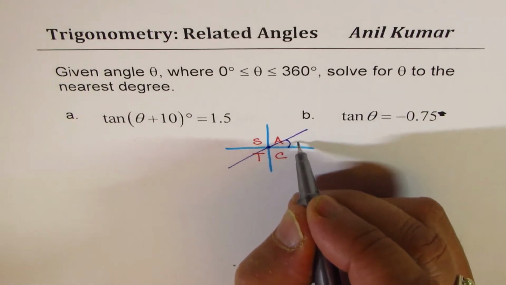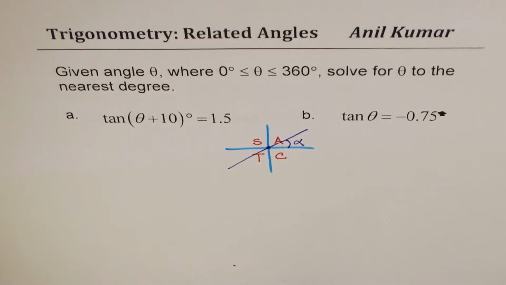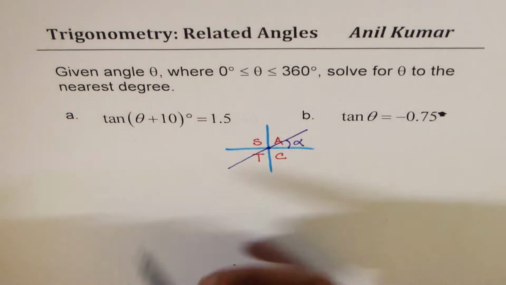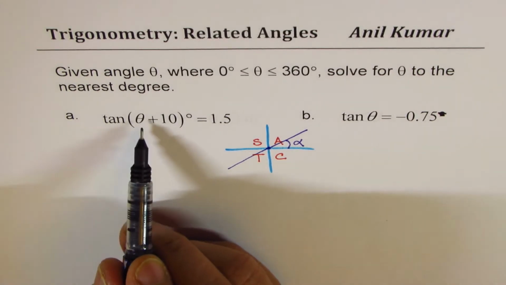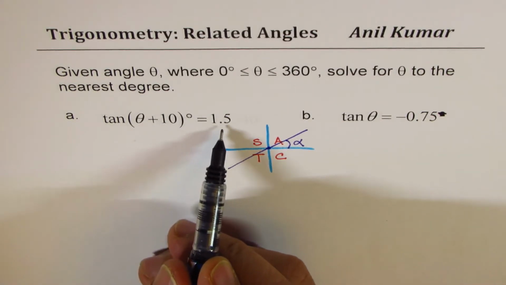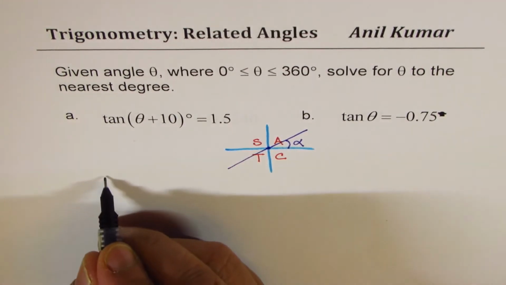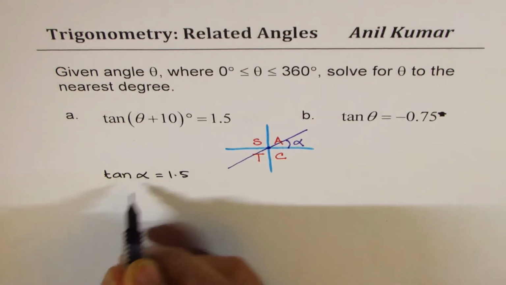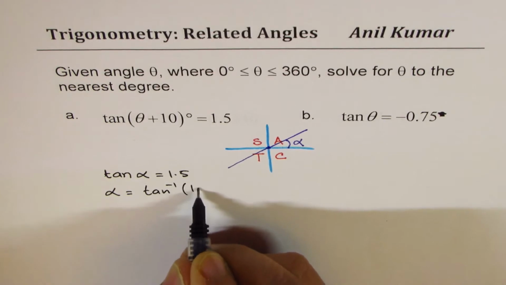Where let us say the angle is alpha, the related acute angle. Always find the related acute angle and then the principal angle as the final solution. So what I'm trying to say here is we are given tan of theta plus 10 degrees is equal to 1.5. We'll first find alpha, so we can rewrite this as tan alpha equals 1.5 and find alpha as tan inverse of 1.5.